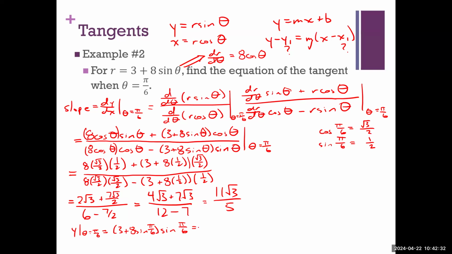What does that come out to be? 3 plus 7/2. And what is the x? Seven radical 3/2.